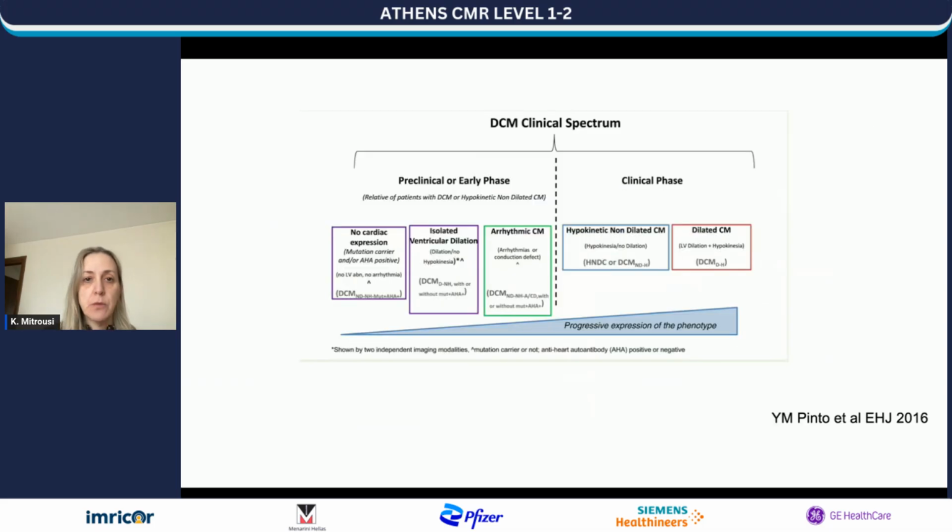We always need to keep in mind that there is a clinical spectrum of dilated cardiomyopathy, with a preclinical or early phase and a clinical phase with hypokinetic non-dilated cardiomyopathy and dilated cardiomyopathy. There is a progressive expression of the phenotype in the patients.